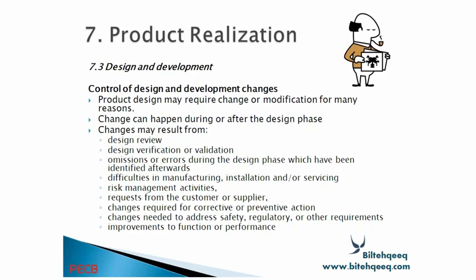Difficulties in manufacturing, installation, or servicing. Management activities, requests from the customer or supplier. Change required for corrective and preventive action. Change needed to address safety, regulatory, or other requirements, improvement to function or performance. So you can change the design if it is required due to any mentioned reason.